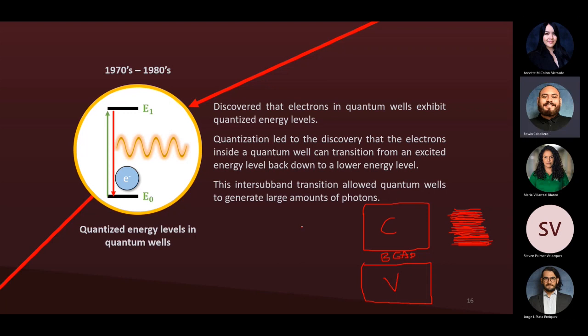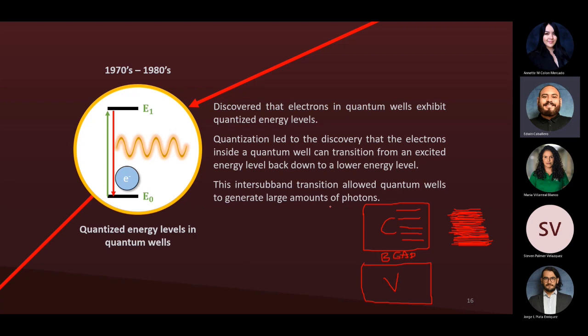Again, you can actually go back and quantize those levels. So instead of having that band, which looks almost continuous, you're going to have different energy levels. And this is going to matter when you see how we're going to use them. However, it's a very important discovery for quantum cascade lasers.